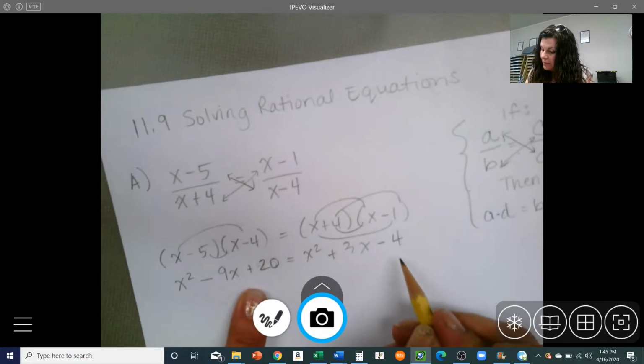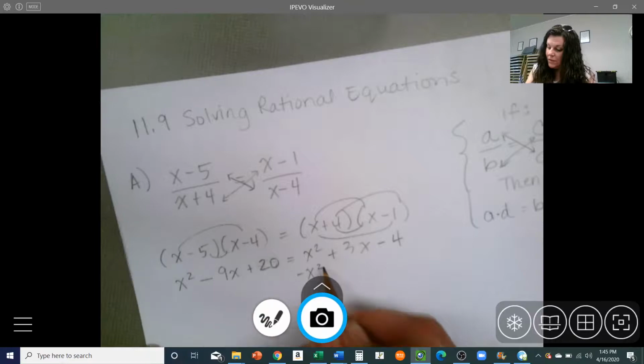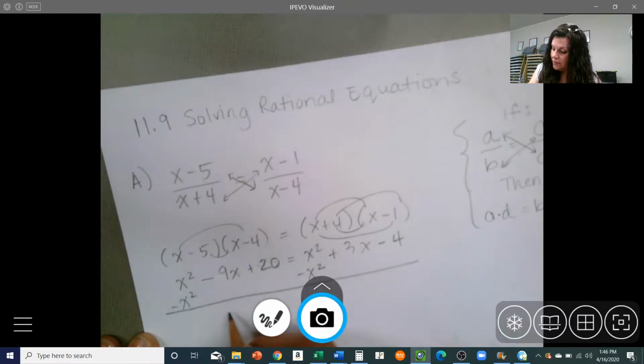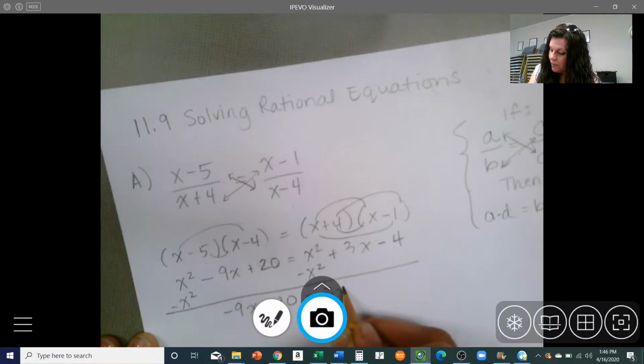Okay, and then I'm just going to start working on solving here. These are nice because look, if I subtract x squared from both sides, my x squareds are gone. So I have negative 9x plus 20 equals 3x minus 4.